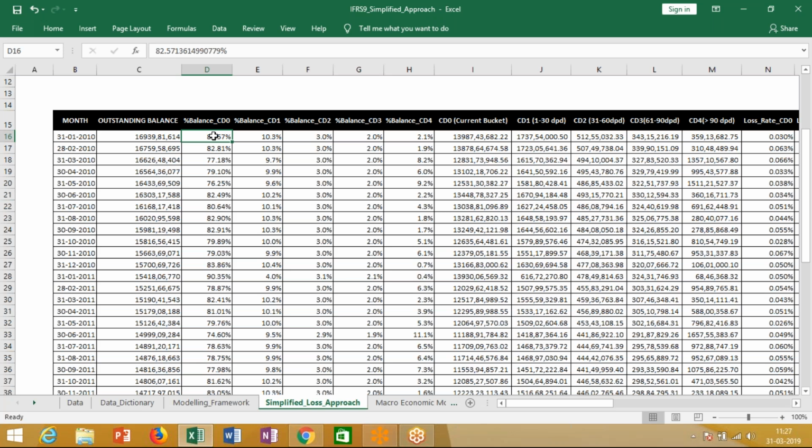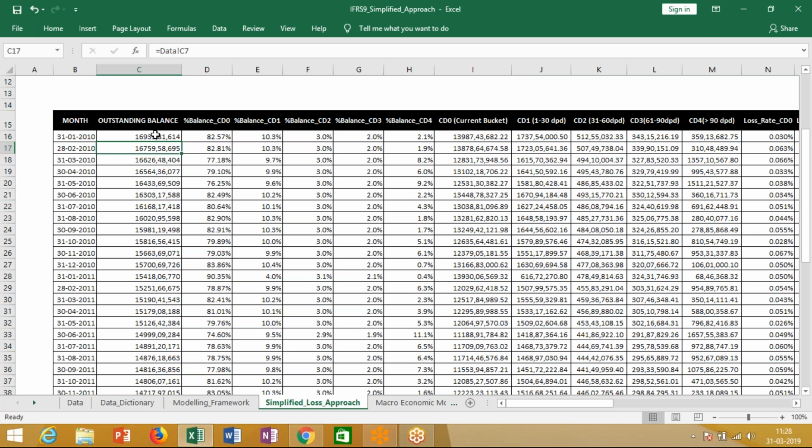The 90% of the balances are concentrated within CD0 and CD1, out of which CD0 contains the majority of the balances, right? So with this assumption, we have computed this CD0 bucket.